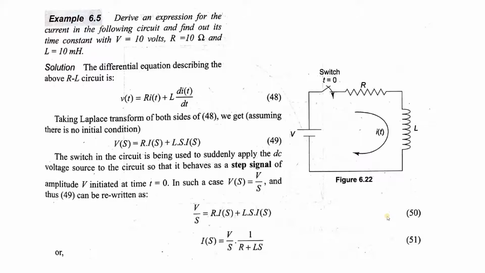Suppose we have an electric circuit like this, a series RL circuit, and the voltage source is a DC supply. You have already seen this equation in your circuit theory, in transient response and steady state response.